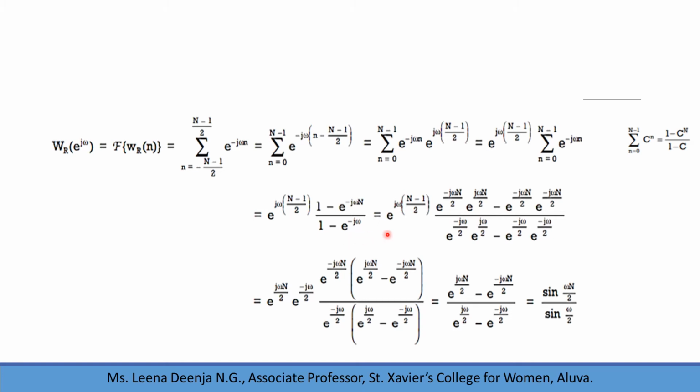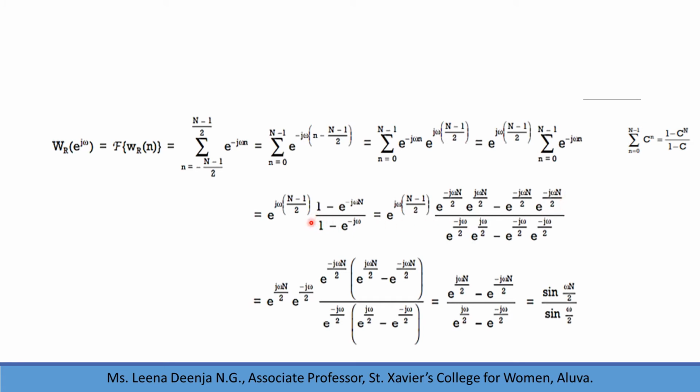Then it is equal to e raised to j omega (N minus 1) by 2 into, instead of this 1, we can write it as e raised to minus j omega N by 2 into e raised to plus j omega N by 2. And this e raised to minus j omega N can be written as e raised to minus j omega N by 2 into e raised to minus j omega N by 2.